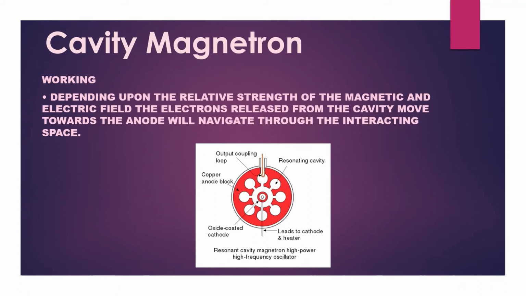A wire acting as the cathode is run down the center of this hole, and the metal block itself forms the anode. What you can see are the different anode cavities, 1, 2, and so on.